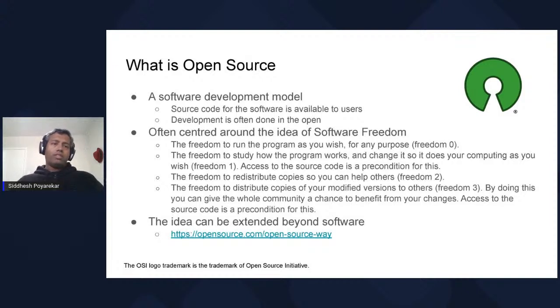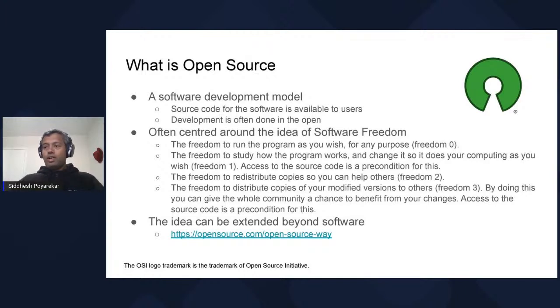There are some projects that are run by a closed group, and they tend to throw out code at regular intervals. So that's essentially what open source is about, and it is centered around the idea of software freedom. You must have heard phrases like free software, and how free software does not mean open source software.